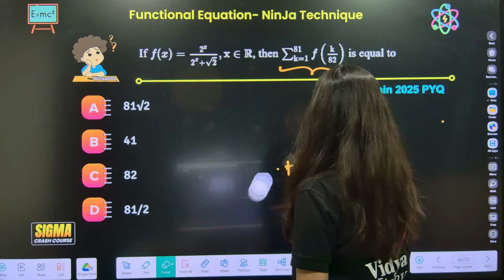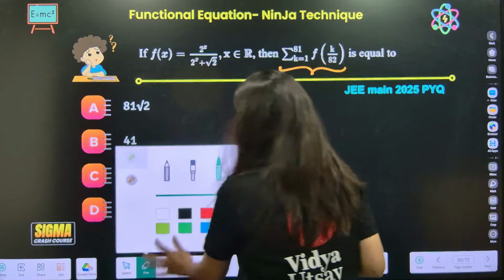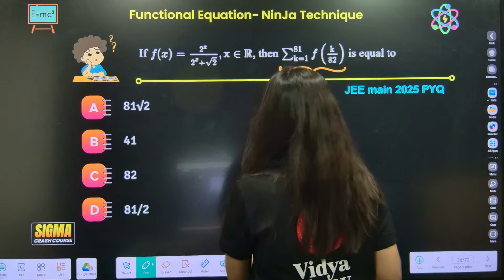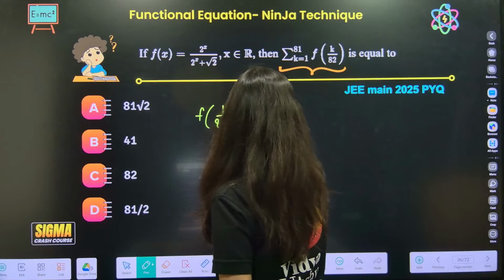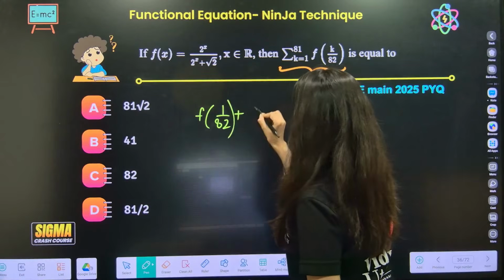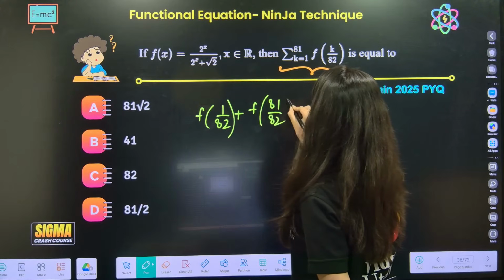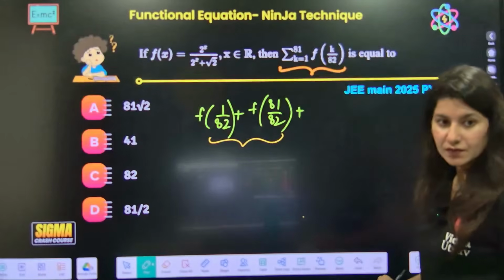Now what I'll be doing is I'll be writing all the terms in a format over here. f of 1 by 82, I am going to club it with the last term, f of 81 by 82, correct? Plus, so this is a pair, okay?